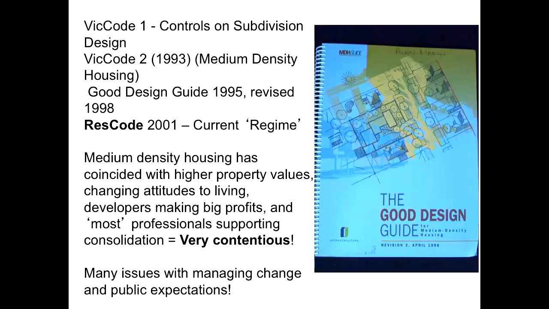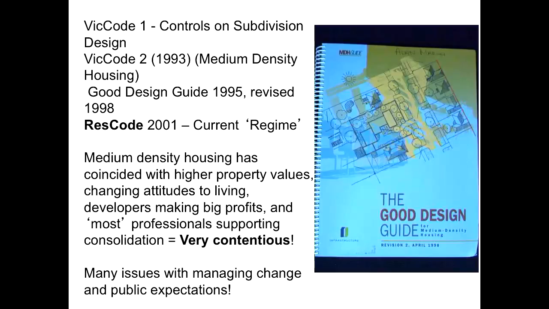So the medium density housing guide and the later ones that came through, such as the Good Design Guide and now what we call Res Code, are oriented to mediating and dealing with the impacts of change as we increase density, often around amenity, and then a range of other concerns such as car parking, overshadowing, streetscape, etc. And so there's a lot of crossover between amenity and other things in this.